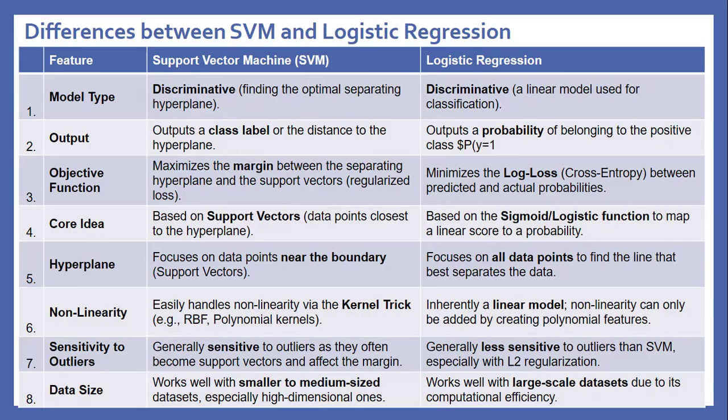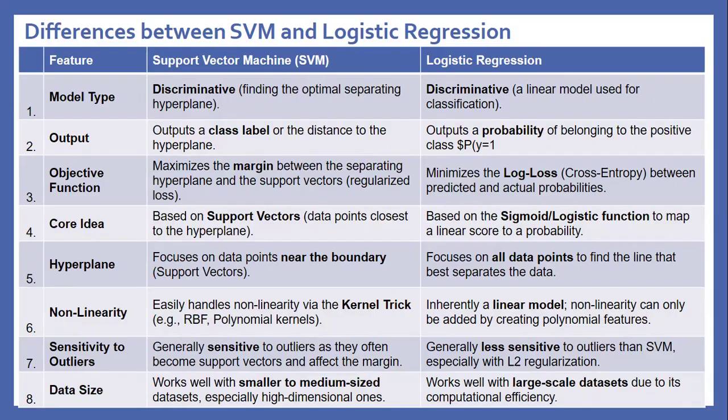Nonlinearity: SVM easily handles nonlinearity via the kernel trick, with RBF or polynomial kernels. Logistic regression is inherently a linear model. Nonlinearity can only be added by creating polynomial features. Sensitivity to outliers: SVM is generally sensitive to outliers, as they often become support vectors and affect the margin.